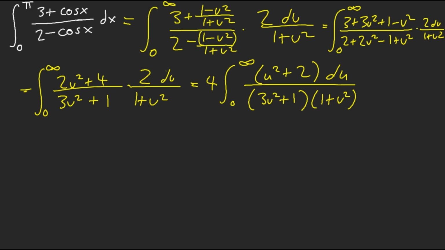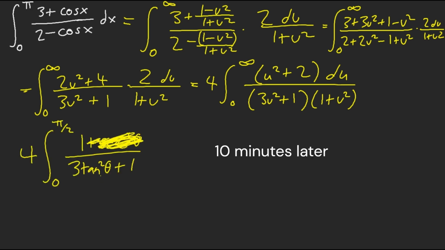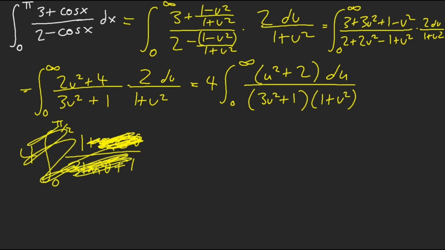I don't know if there's a shortcut to this. I mean, if you let u equal tangent theta, then secant squared, yeah, you're stuck either way. You're stuck with partial fractions either way.